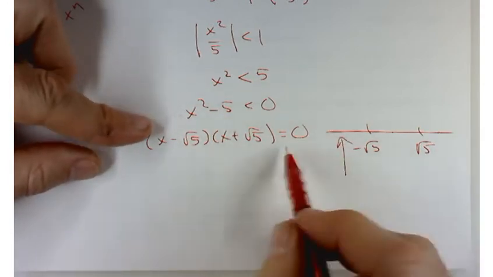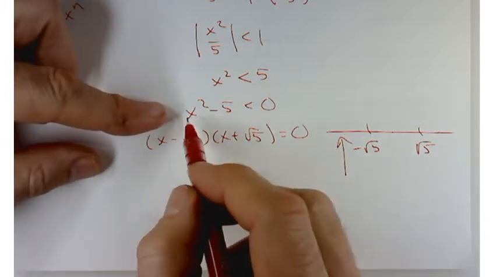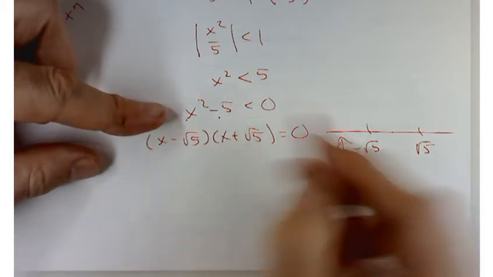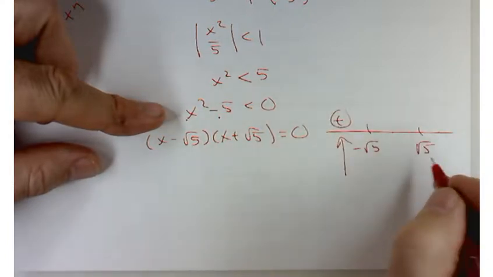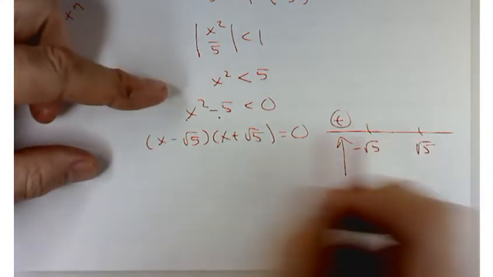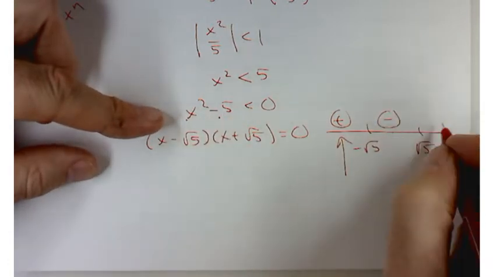Some to the left of negative root 5, something like 6. 6 squared minus 5 is 31, which is positive. If I choose something in the middle, like 1, 1 minus 5 is negative.